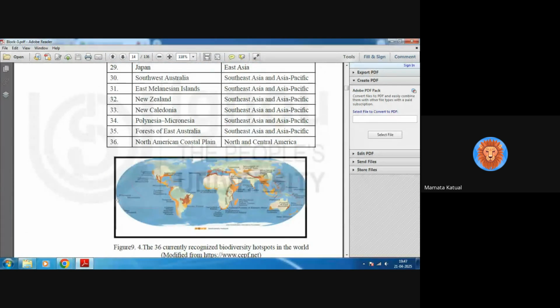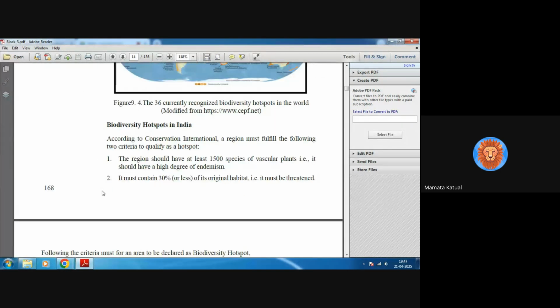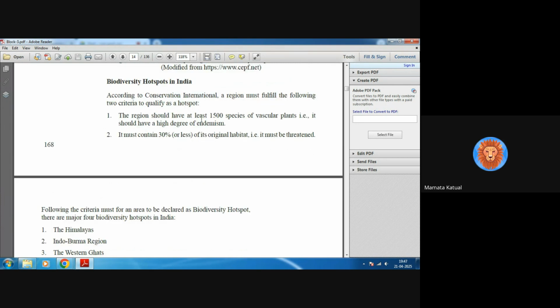So these are the 36 hotspots in the world. Then biodiversity hotspots in India. So these are the criteria.